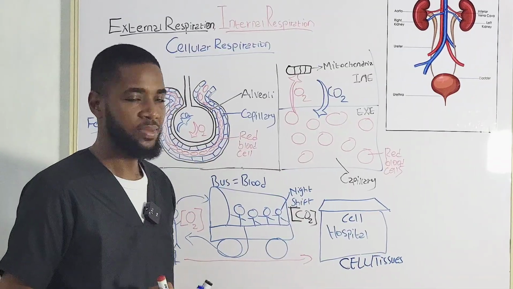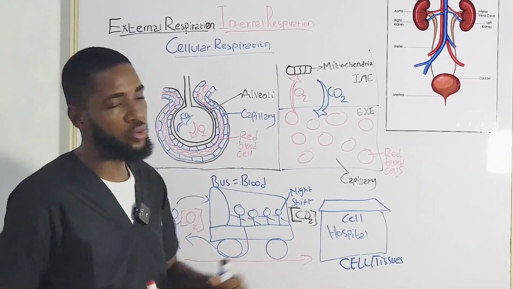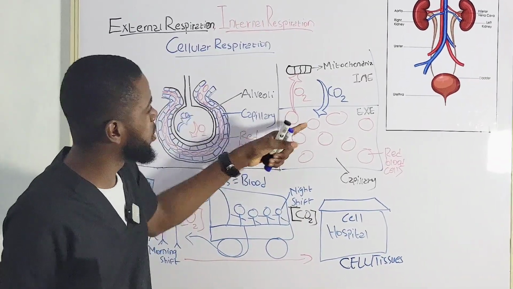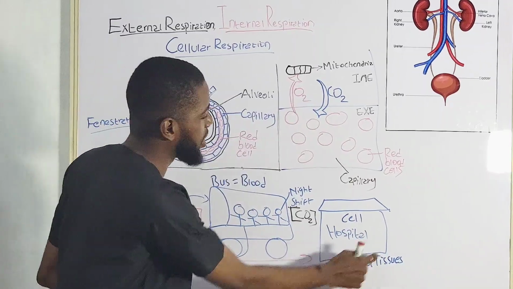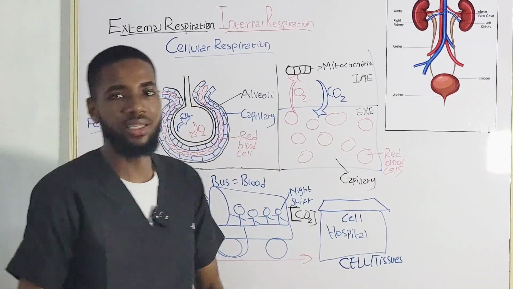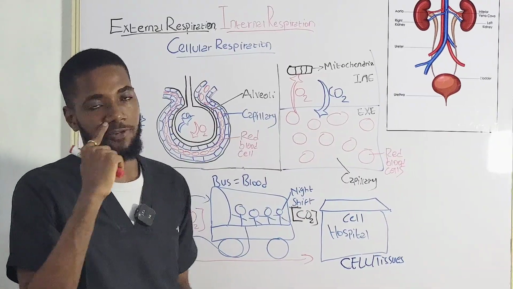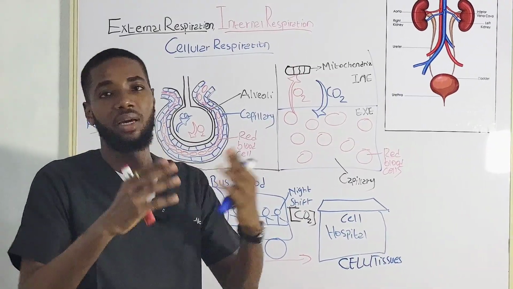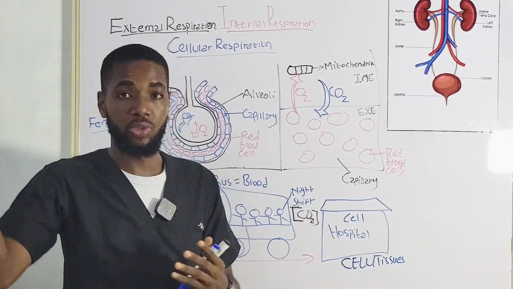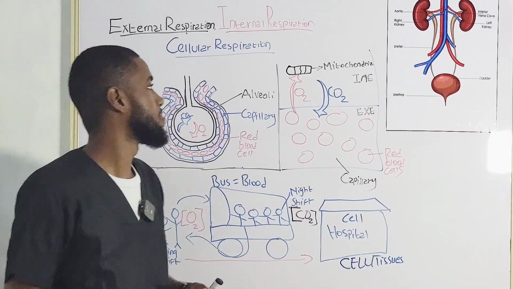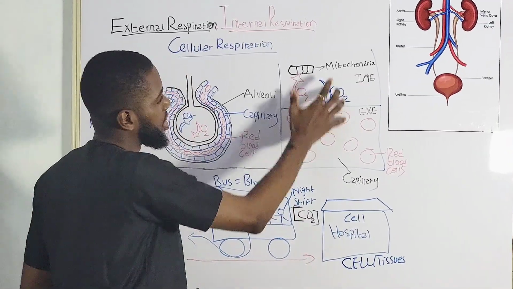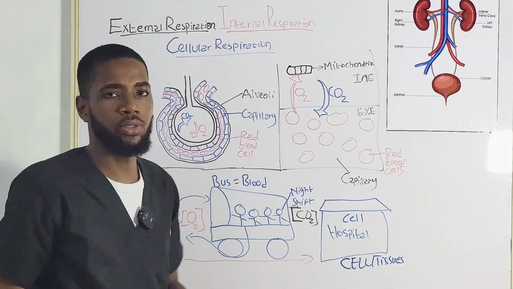Oxygen. You are O2, and you need to get into that hospital. Let that hospital represent the cellular environment. Inside there, you get ready for your morning shift, no matter how long it lasts, whether between 7 till 12 or 2 till 4 or what have you. That is what internal respiration is all about.